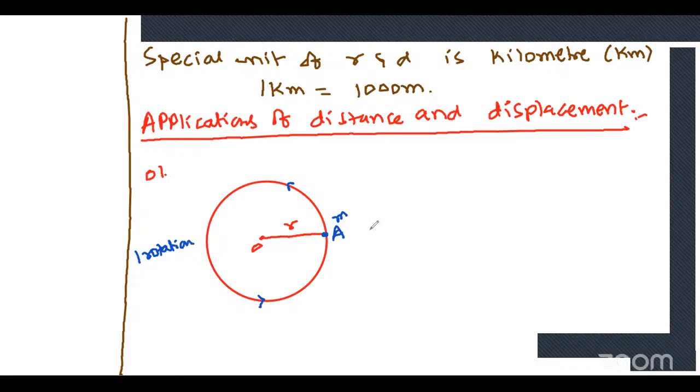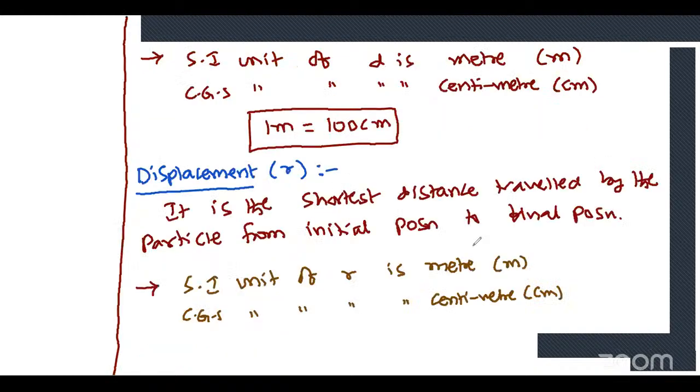Whenever it completes one rotation, distance is the path length covered by the particle. So my path length is the circumference of a circle, which is 2 pi r. Displacement: even from the definition, it is the shortest distance from initial position to final position.